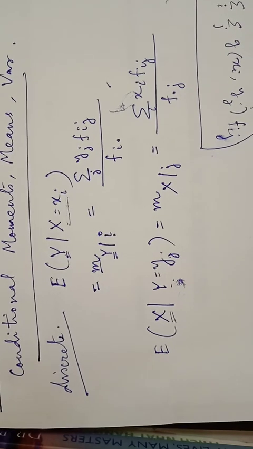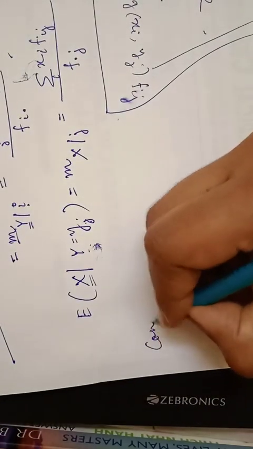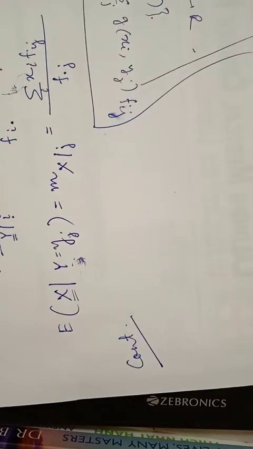Now moving to the continuous case. Let x and y both be continuous random variables.